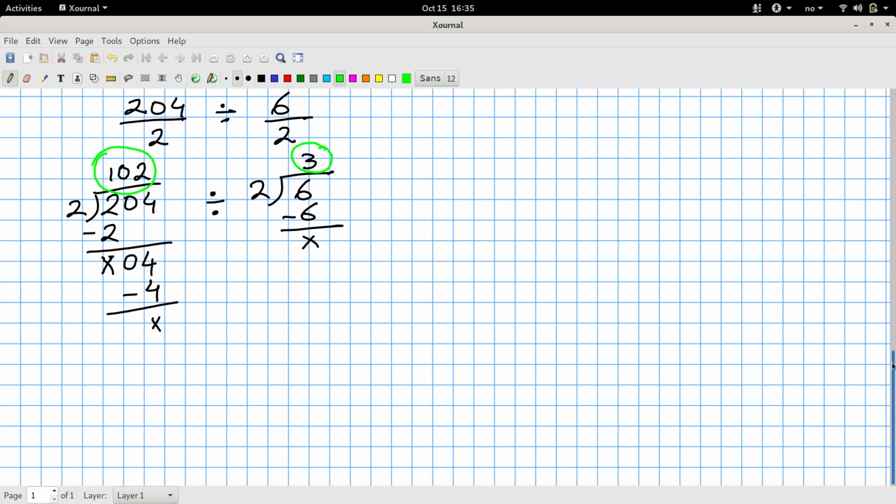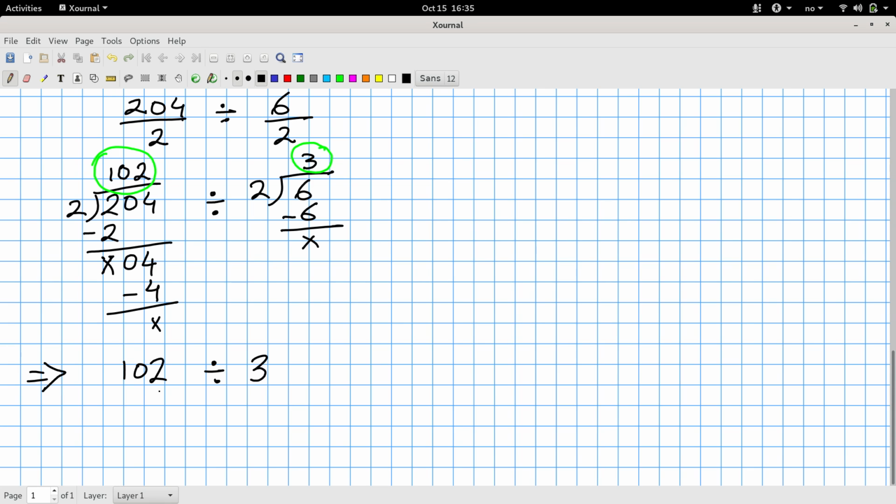So I'm going to rewrite this as 102 divided by this number here, which was the answer, 3.